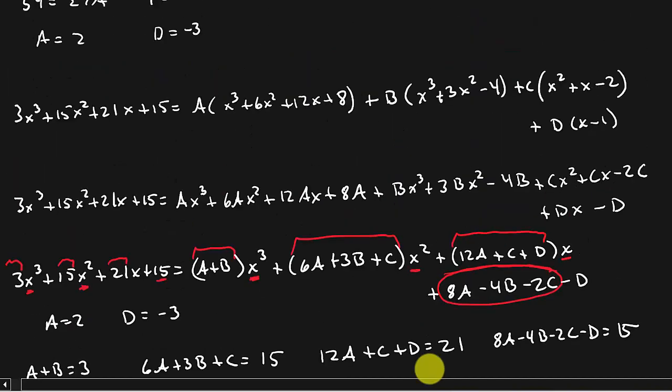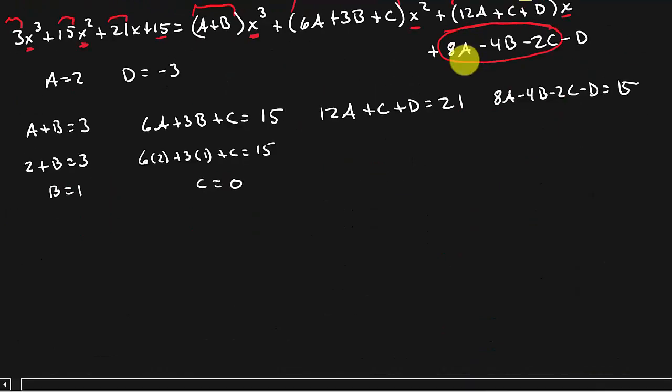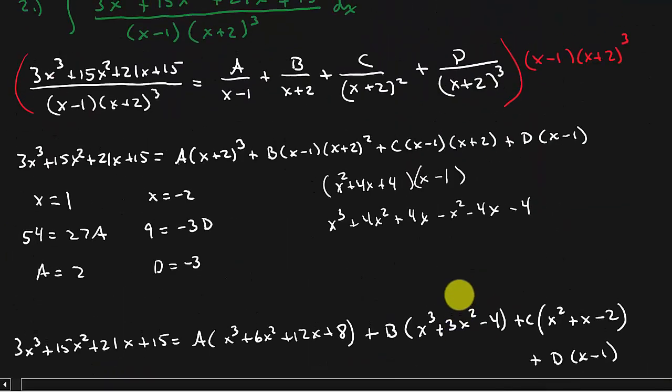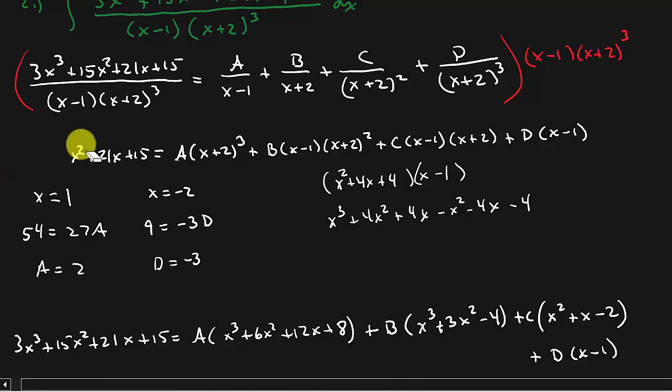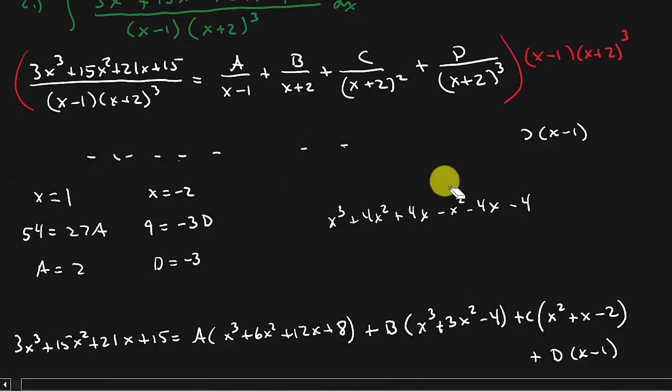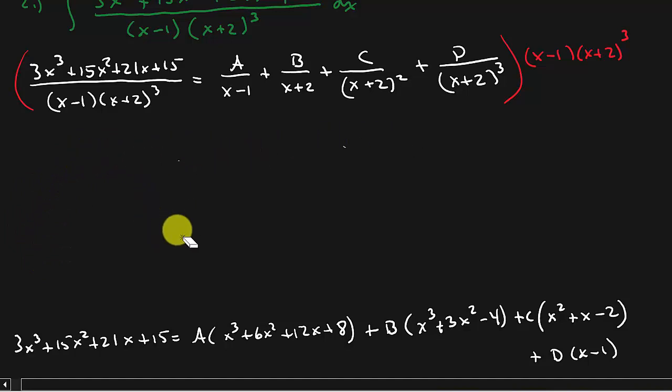So I've got B is 1, C is 0, so we're good. So now I can plug all that into here. Okay, so hopefully you got all that. I'm going to erase all this and work the problem up here.